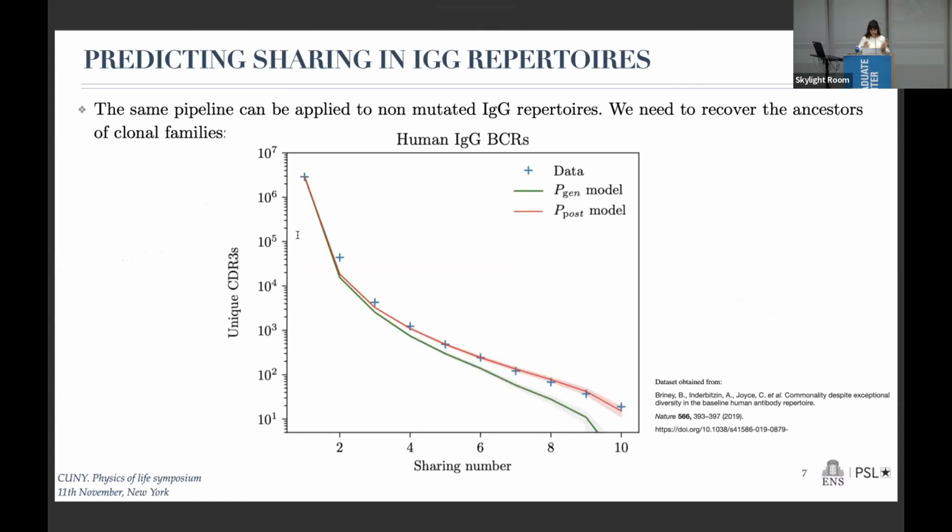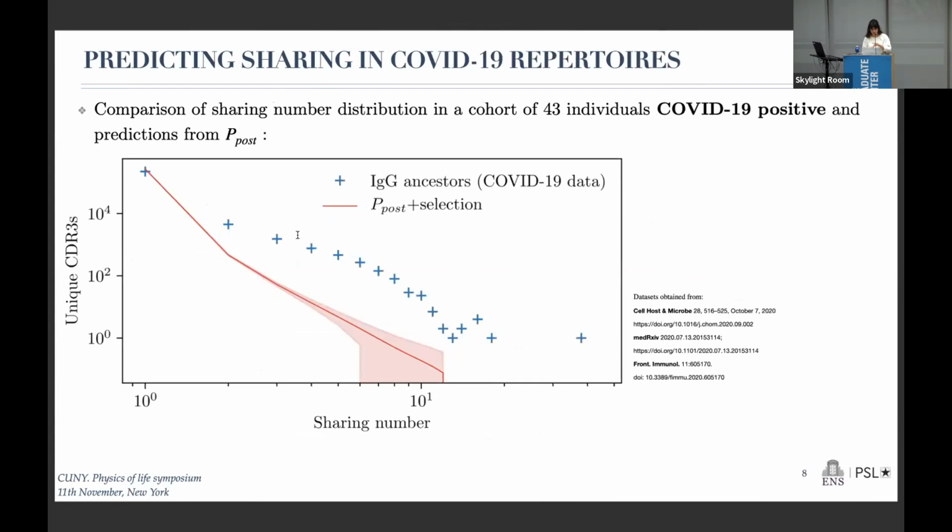So far for healthy people, this model seems to work pretty well, but then we push the model a bit further, and we try to see if the statistics are skewed once people have undergone a common infection.